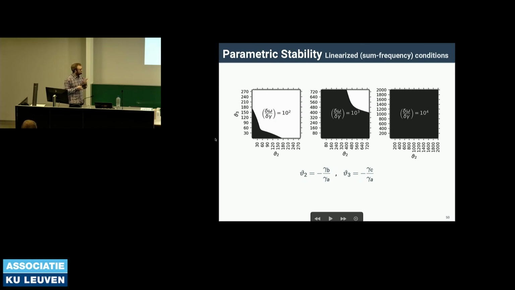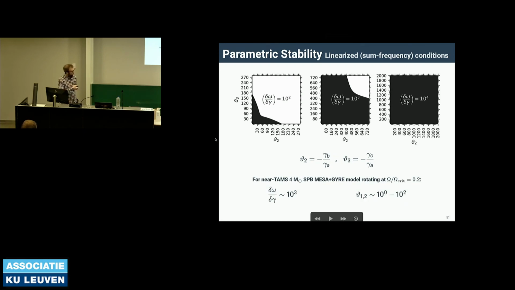Now, what is the range of parameters we have in our specific SPB models? For this NearTamps reference model that I've been using during this presentation, this value is about 10 to the third. And the values of θ2 and θ3 are less than 100, actually. So we're in this region.